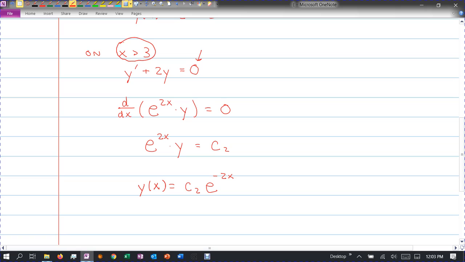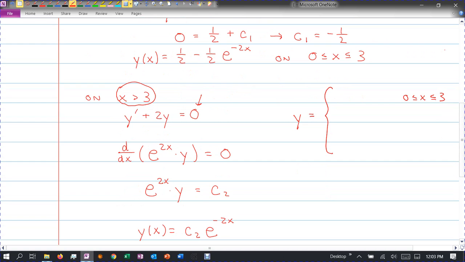So what we have right now is a function. We're trying to come up with an overall function, which we can call y. Right now what we know is this. On the interval 0 to 3, it's 1/2 minus 1/2 e to the negative 2x.